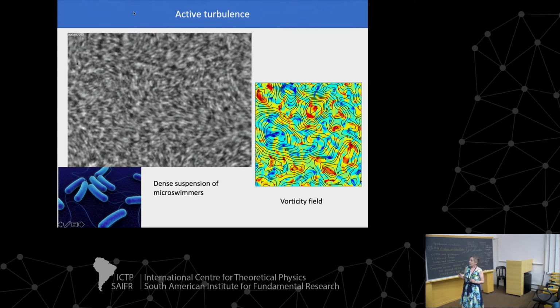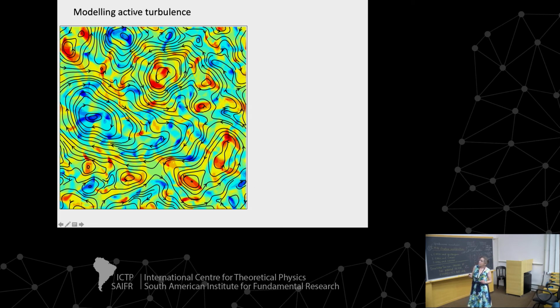Let's look a little bit closer at what's going on here. This is my vorticity field. The black lines are the velocity. You can see them going round and round the vortices here. Let's magnify that bit there, because I'd like to see the nematic director, or if you like, the individual swimmers.